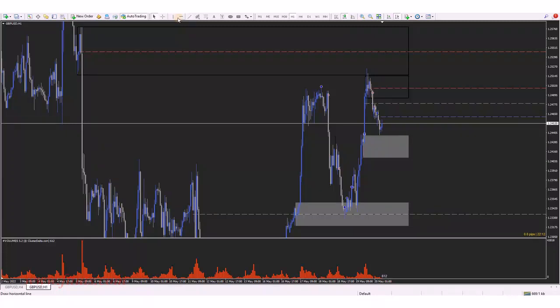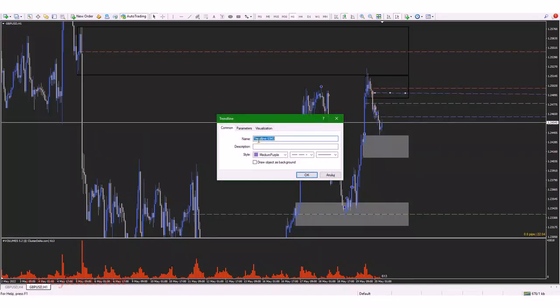So I see here the first one, and this supply close to the point of control. Like this. Oh, it's not copying. Okay, no worries.